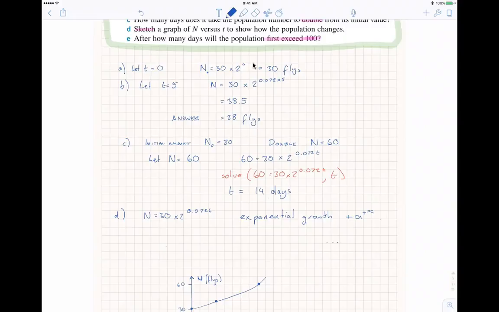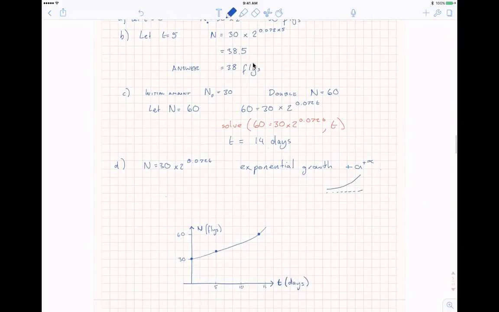So we should recognize that it should take the exponential growth shape. We do not need CAS to sketch it because there's no shifting of the graph up and down, so our asymptote is just going to be at n equals 0.